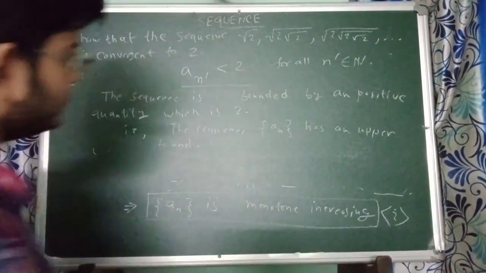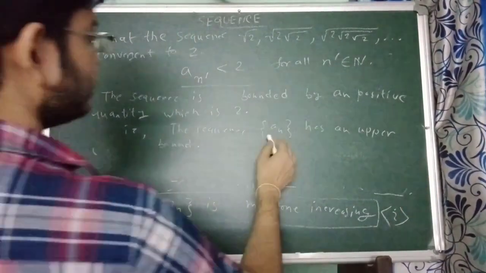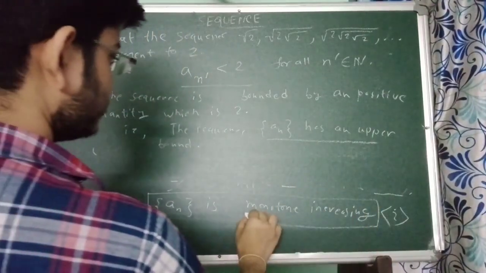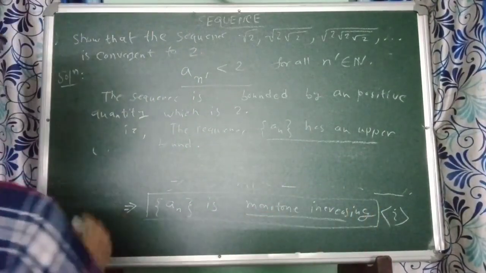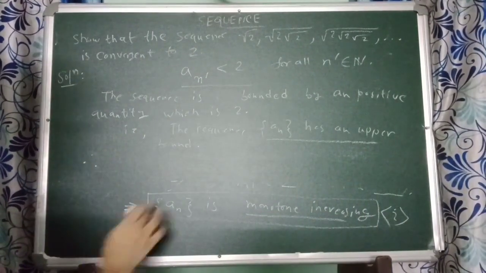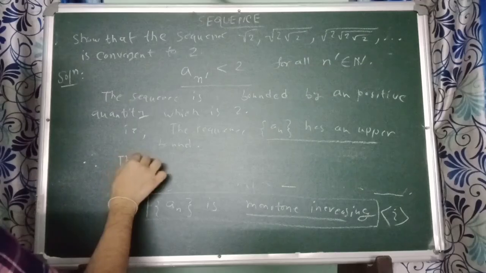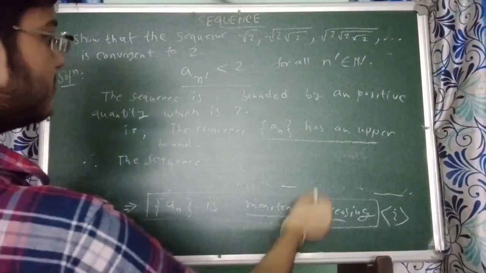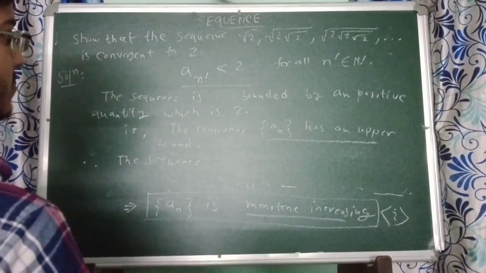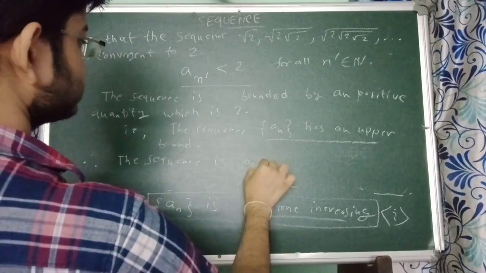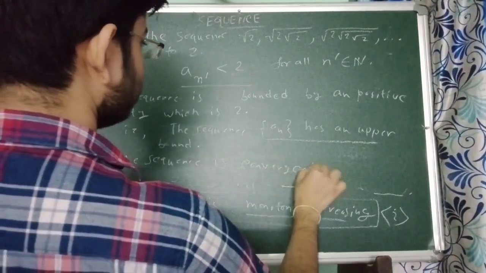Now combine these two results. The sequence a_n has an upper bound and the sequence is also monotonically increasing. So by the previously stated theorem, we say that the sequence which is monotonically increasing and has an upper bound is convergent.